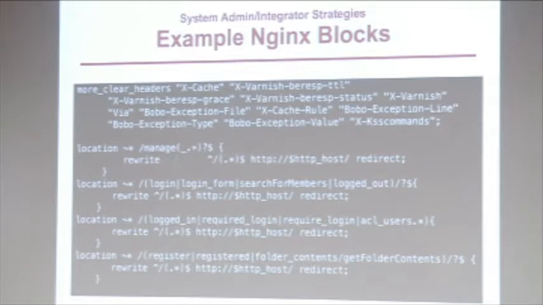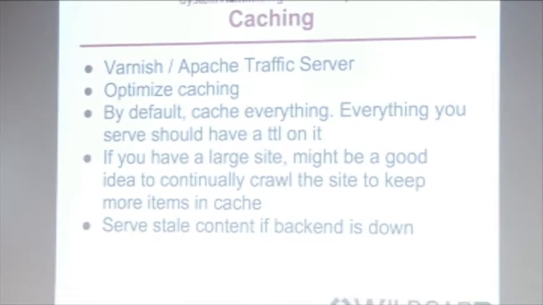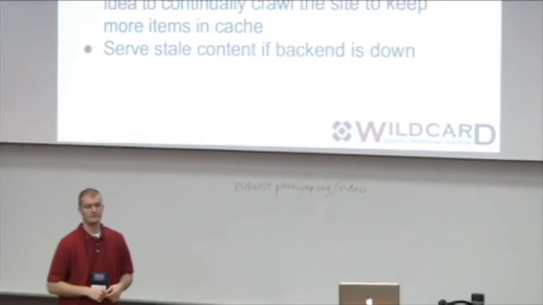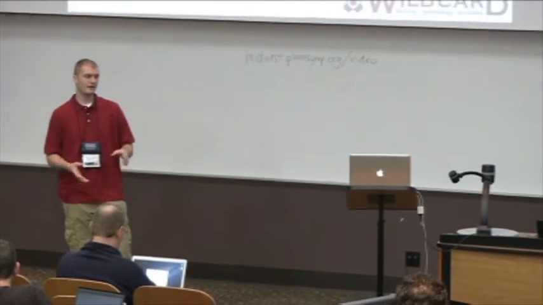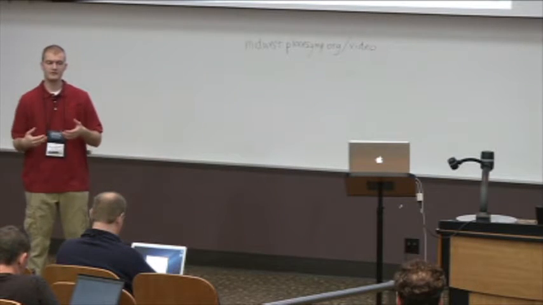Some sample Nginx blocks for blocking or scrubbing headers. Caching: make sure you use a caching server to protect your Plone backends, and make sure you optimize your caching, remove any unnecessary query parameters. There are add-ons for Varnish, and I don't know about ATS, that will sort your query parameters so you're not duplicating cache.